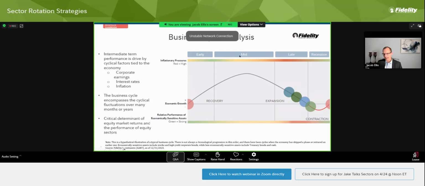In the early, mid, and late phases, we are always in some amount of growth, but we see that in the heat of the mid cycle, we are way out here, growing and growing aggressively.